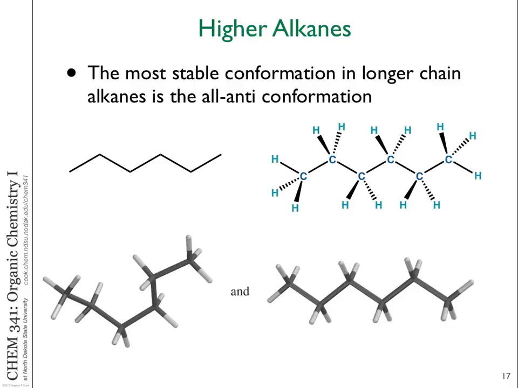Okay, well, one consequence of this, as we look at that, we can see as a bond rotates, the energy of the molecule goes up or down. It's oscillating back and forth a little bit. What that tells us, though, is that when we think about longer chain alkanes, the lowest energy conformation is going to be the one which is completely staggered, right?